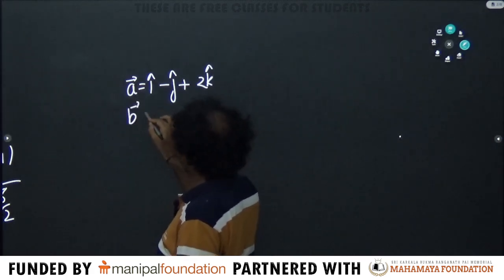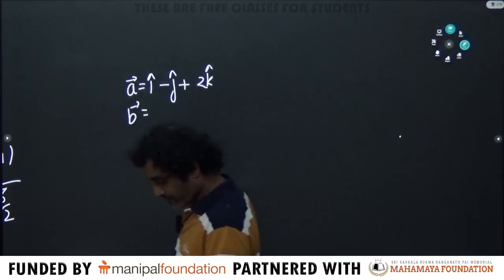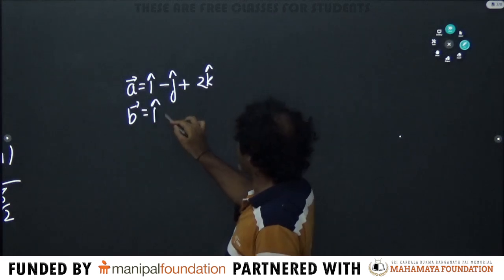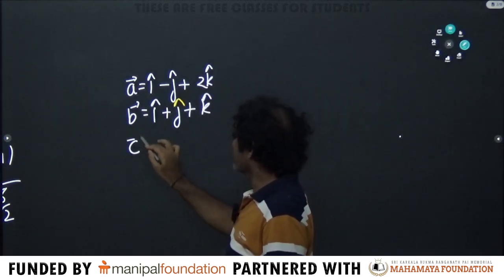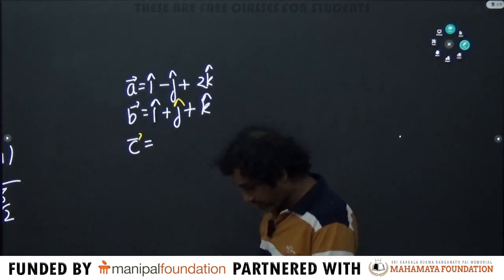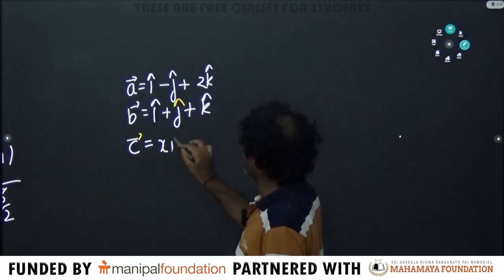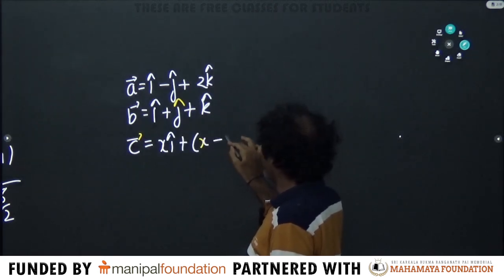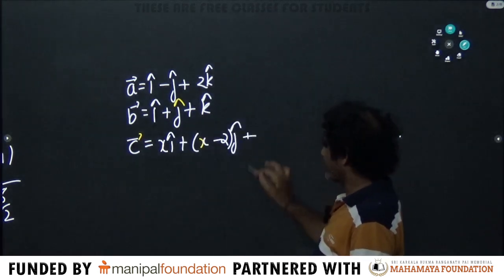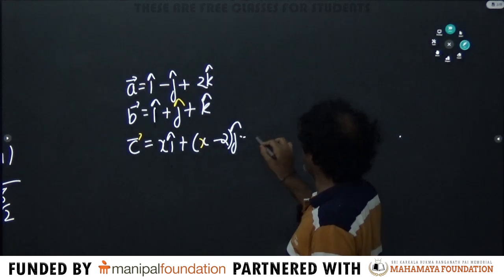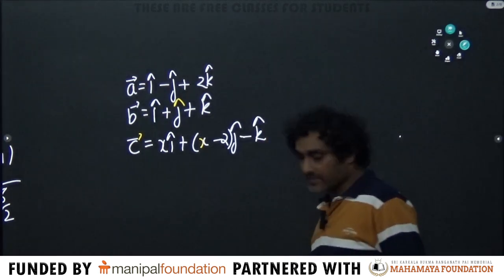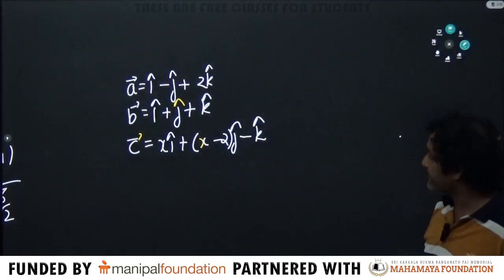And B vector is all I, J, K. C vector is X I cap, X minus 2 J cap plus minus K cap. This is your A, B, and C.